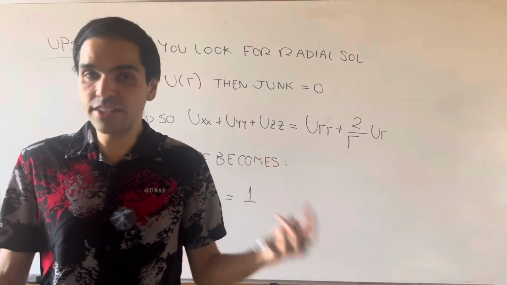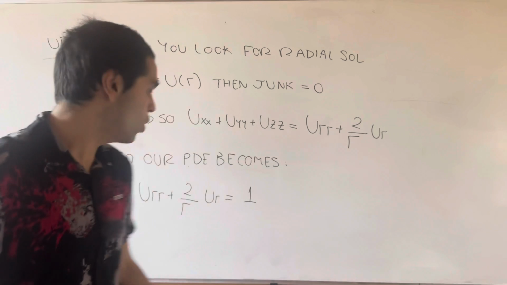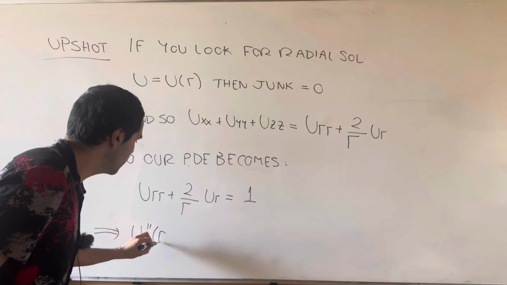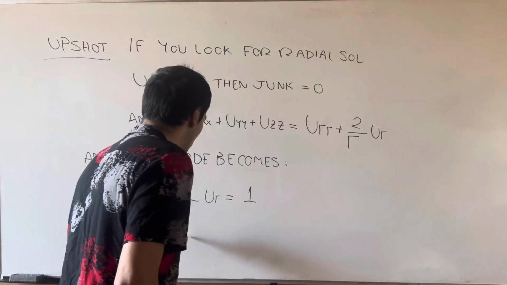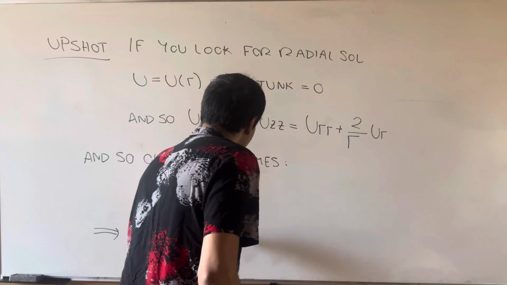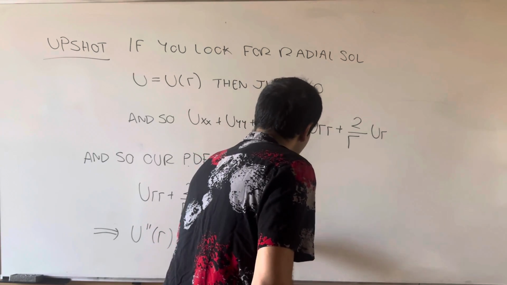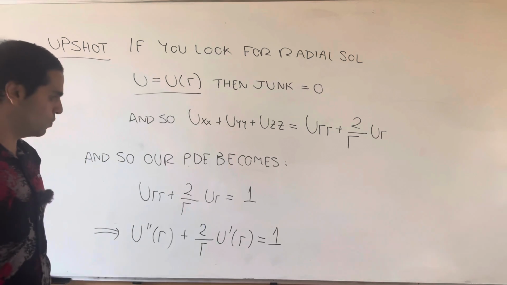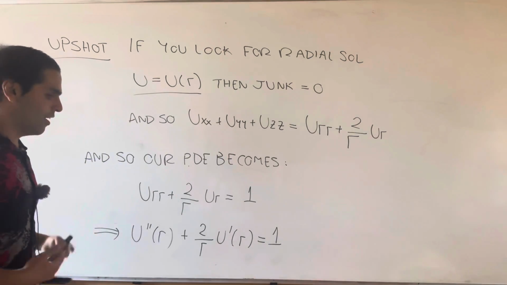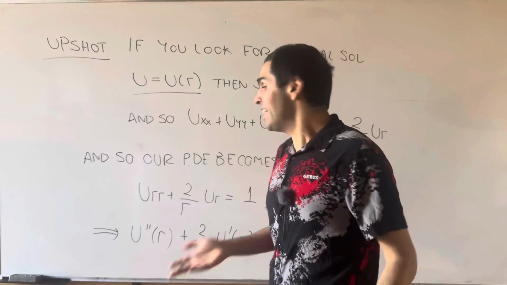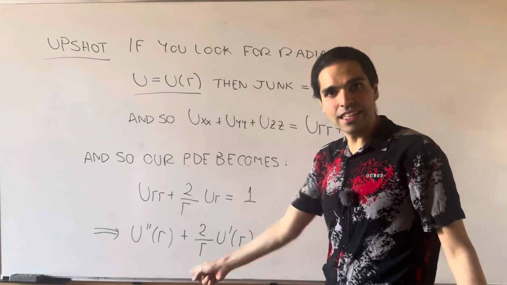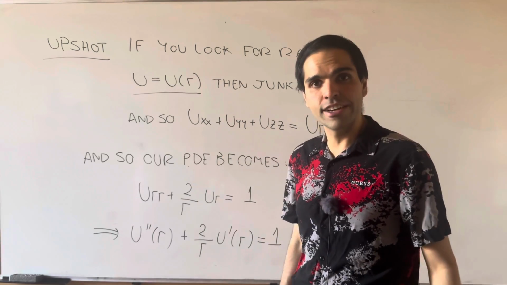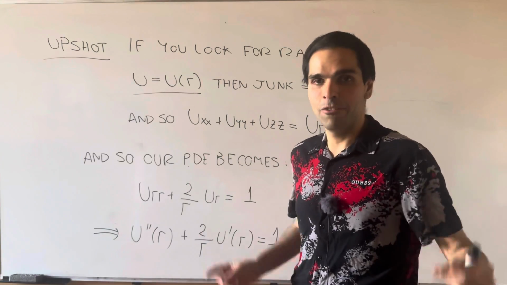In this case it really becomes just an ODE, because urr is the second derivative of u with respect to r, plus 2 over r u prime of r equals 1, because u here is a function of one variable, which is r. Now, the amazing fact is, even though this is a second order ODE, we can still solve it using integrating factors, which we'll do now.